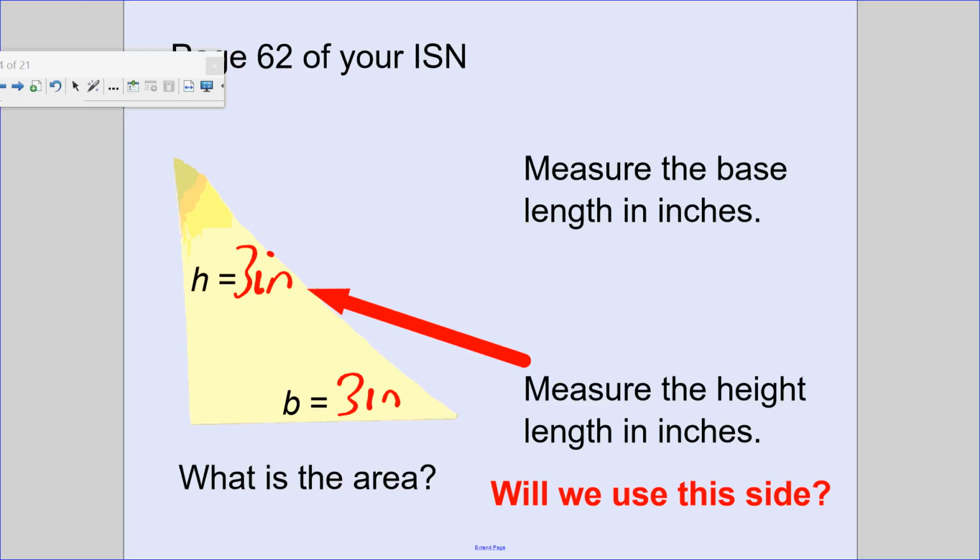Well, let's think about it. I cut the square in half. So I believe the area will be half of the original starting polygon, which was a square. So I predict that the area of this triangle would be 4 5/10 inches squared, 4.5 square inches.